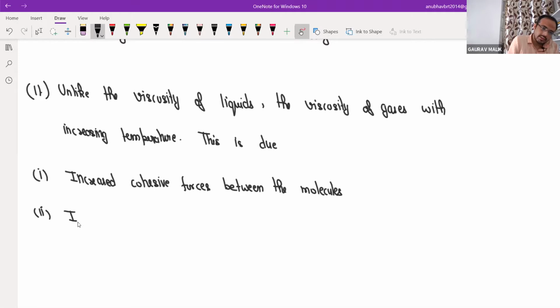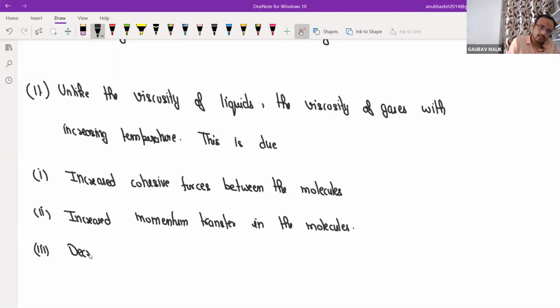Second one, increased momentum transfer in the molecules. Third one, decreased momentum transfer in the molecules.